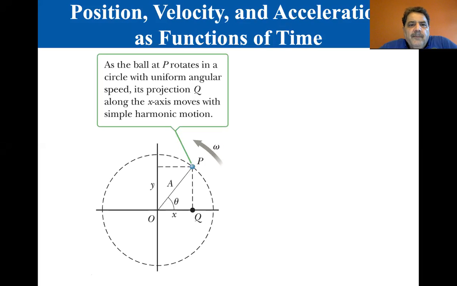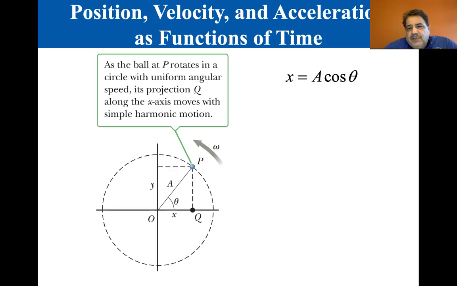As the ball at P rotates in a circle with uniform angular speed, its projection Q along the x-axis moves with simple harmonic motion. And the position of x is equal to a cosine theta. So that's just, a is the hypotenuse and x is the adjacent side.